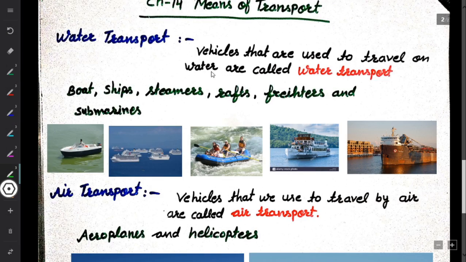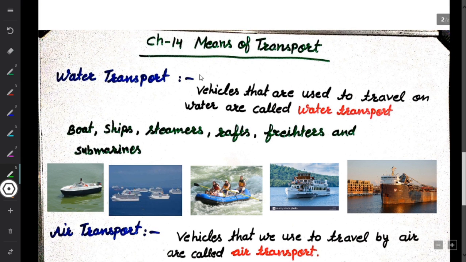In this chapter, today we will learn water transport and air transport.